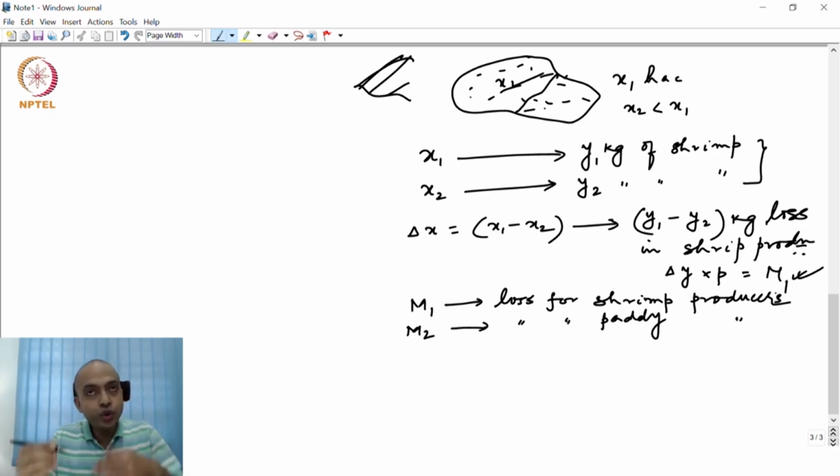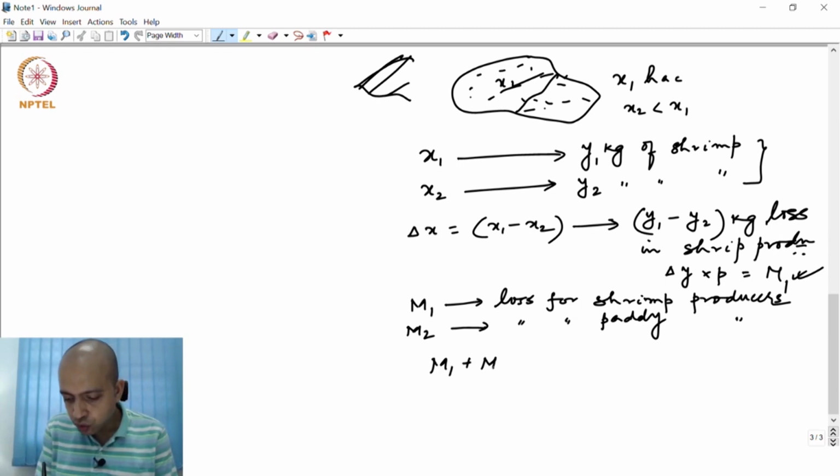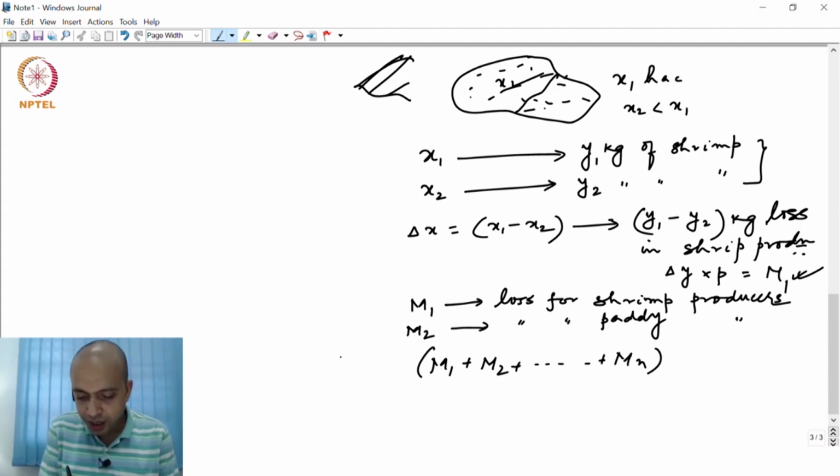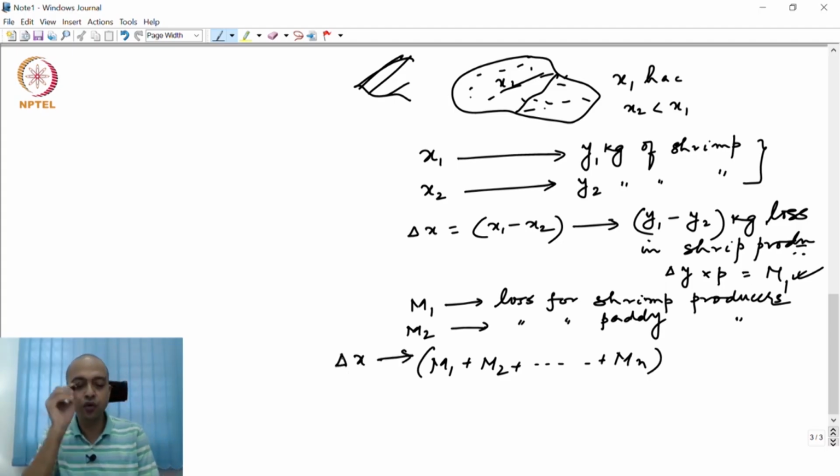So we need to identify different types of services that we derive from a coastal ecosystem like wetland. Then we add up M1 plus M2 plus, let's say we derive n number of such services from the wetland, and that is the value of the wetland for this delta x amount of change.